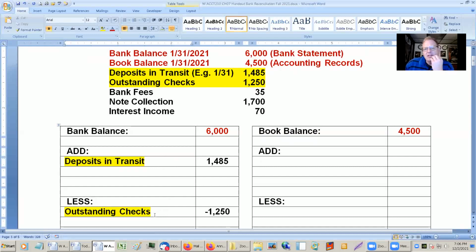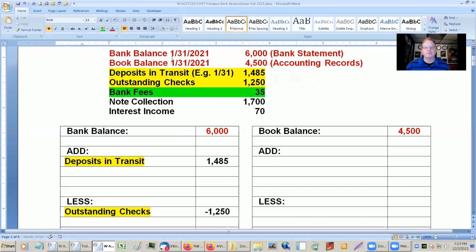Okay, bank fees. When are you going to find out about the bank fees? When you get the statement. Now, is there a check written? No. Rudely, the bank just takes it out of your account.